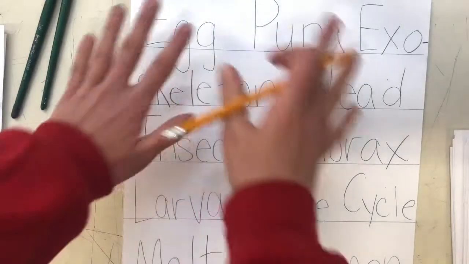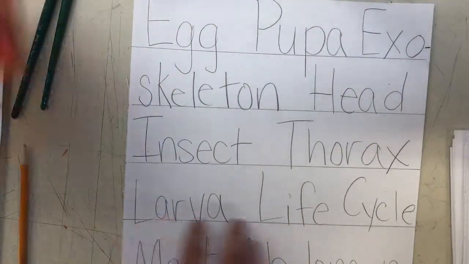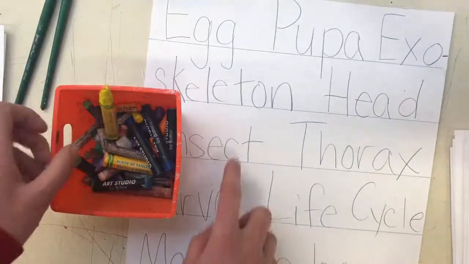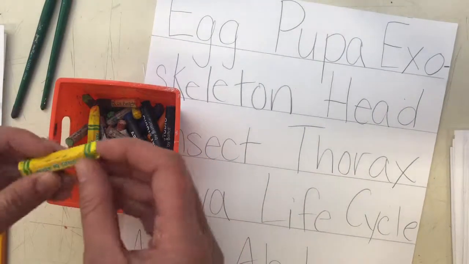Okay, once you have it all filled up with all of your words, you're going to take oil pastel and you're going to trace over your words in any color oil pastel that you want.